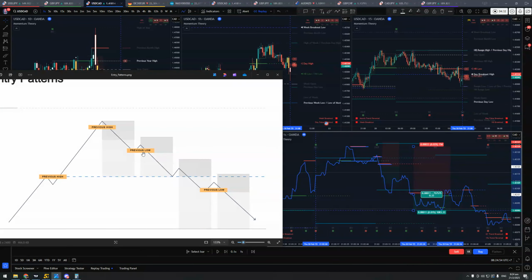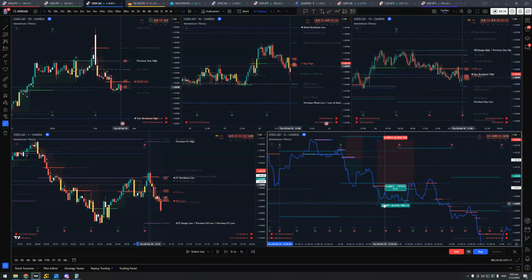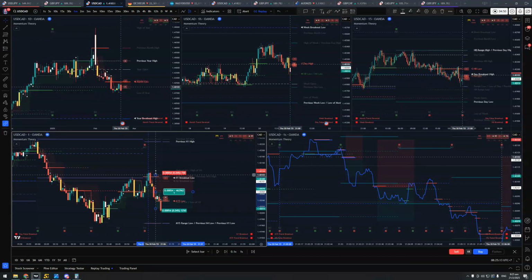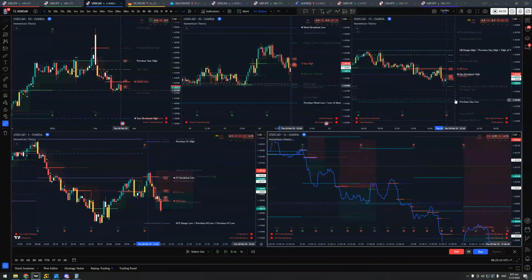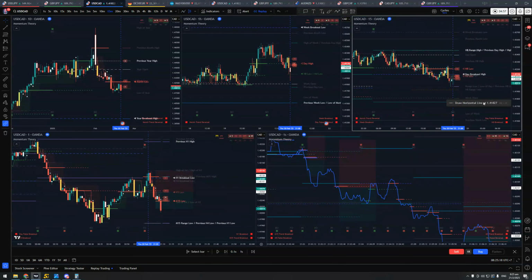So this is a counter trend breakout. I sized into this, and then the final position was flipping the M5, M15 breakout level right here. So I took three positions on USDCAD, and then I took it down to the weekly open, right down here.